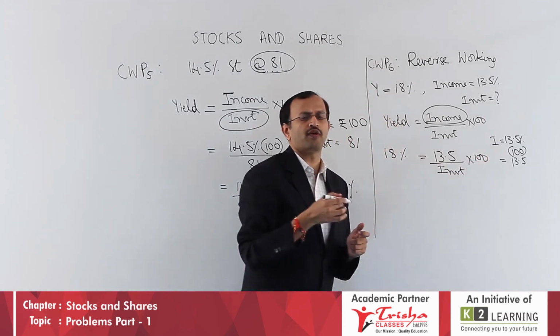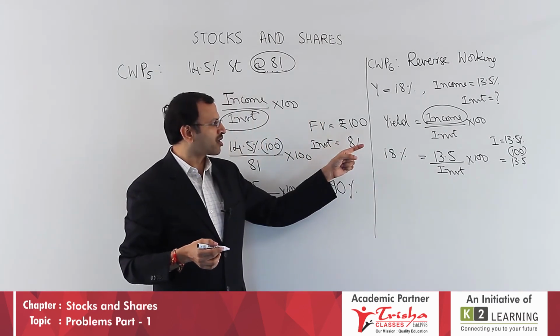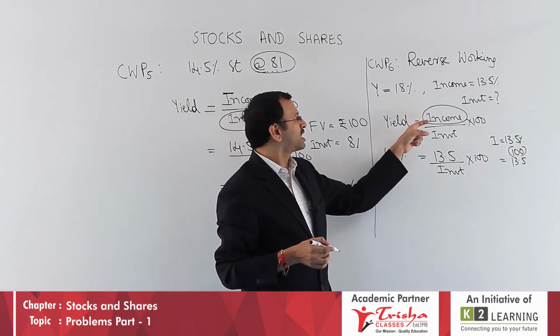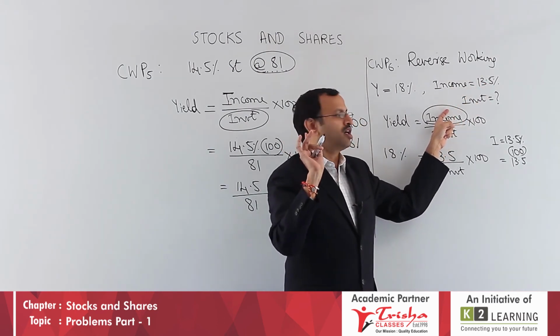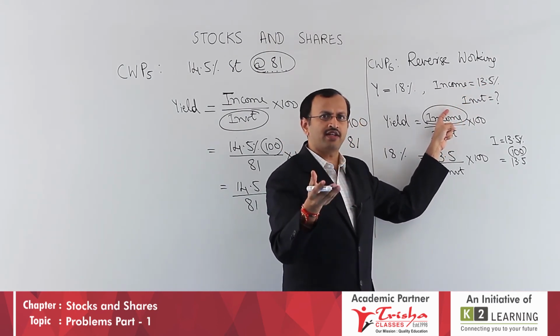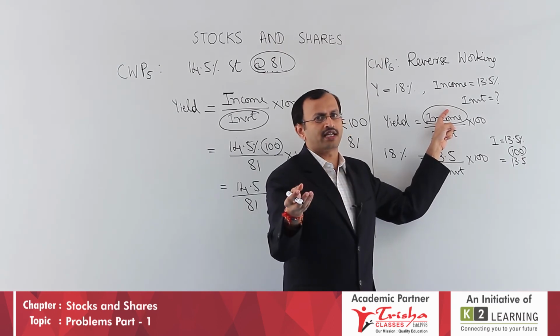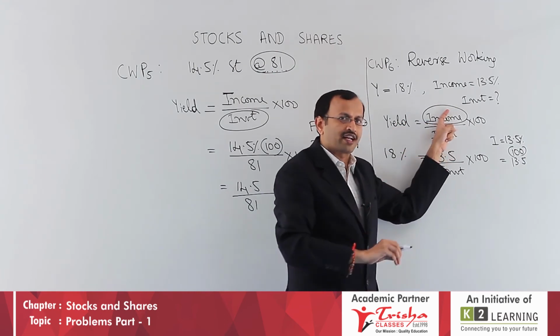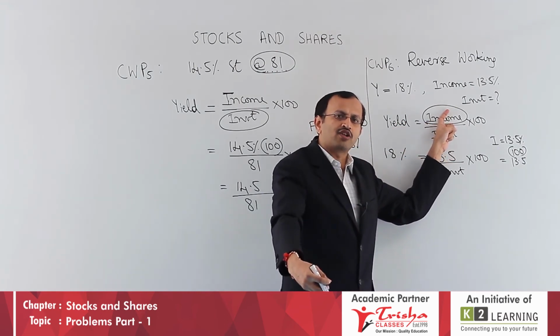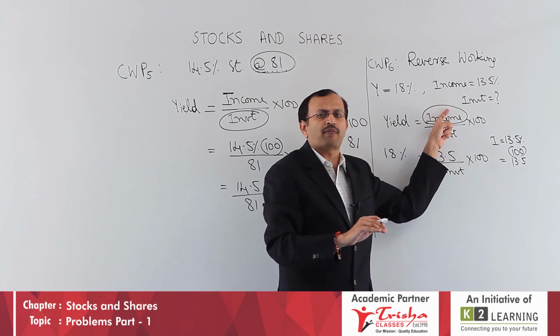Students, have you understood what I discussed? We have written the yield formula, which is 18%. Income is 13.5%. Income is calculated on face value. Assume the face value is 100, as it is not given anywhere. Either you have to assume 10 or 100. If you assume 10 rupee face value, investment is according to 10. If it is 100 rupee face value, assume investment is according to 100 rupee face value.